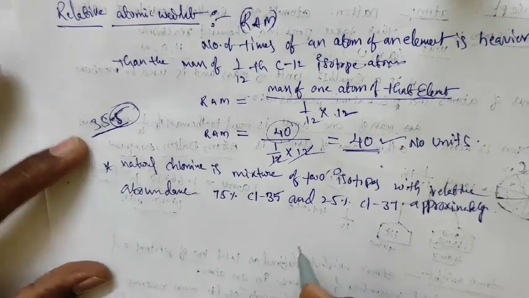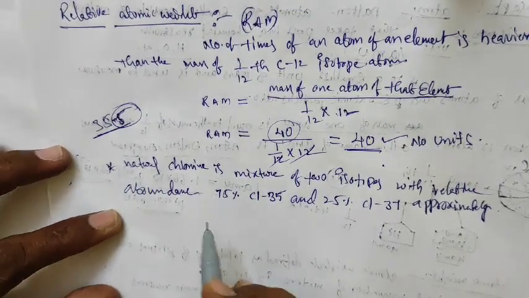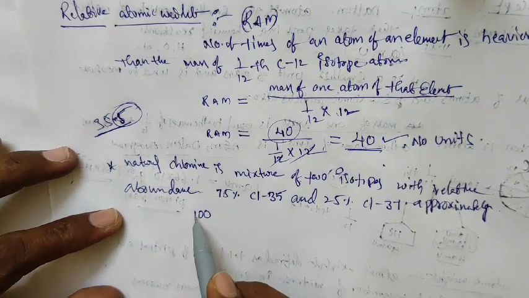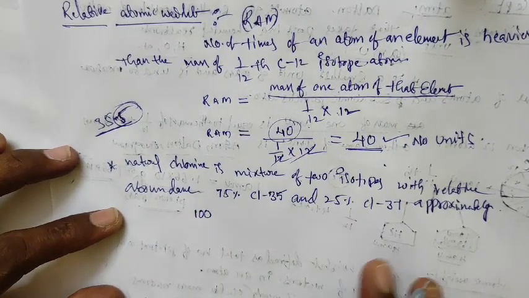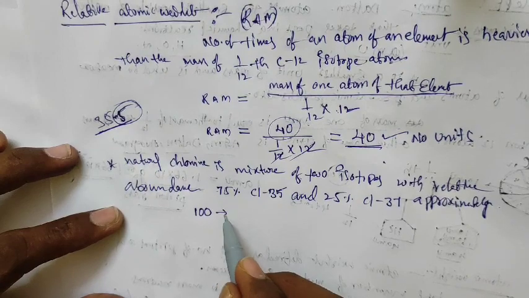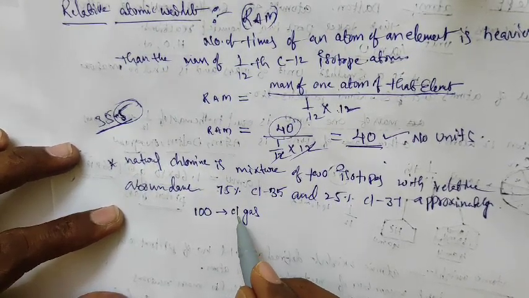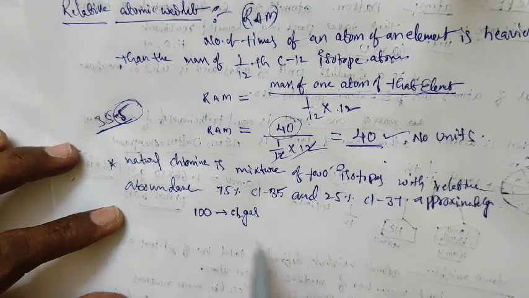Now I think you can understand. I am collecting 100 naturally occurring chlorine atoms, 100 atoms of Cl2 chlorine gas.